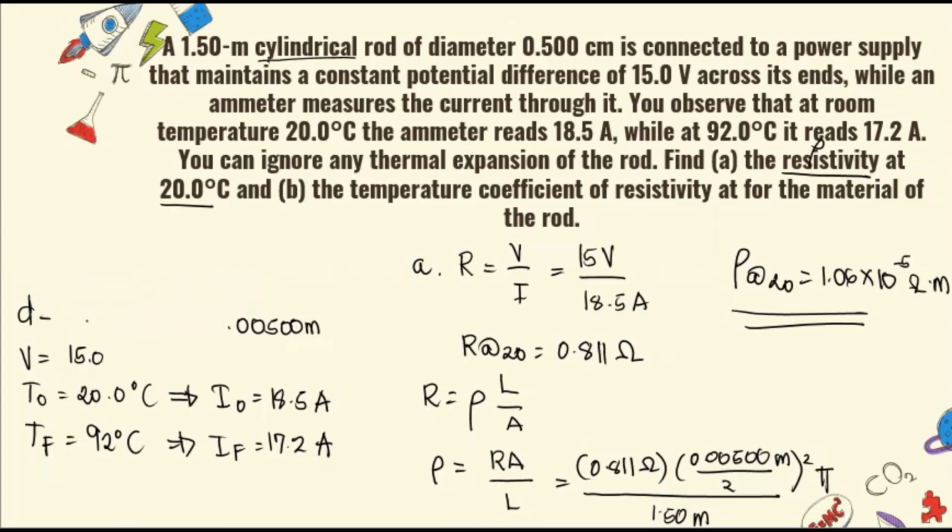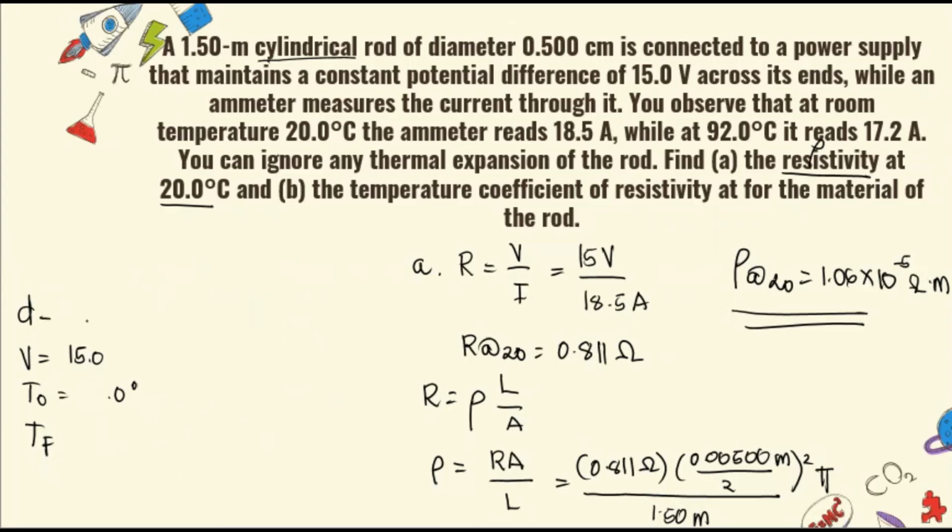Second po is, what is the temperature coefficient of resistivity for the material of the rod. Since hinahanap is temperature coefficient, iti-take into consideration natin yung pagbabago from 20 degrees Celsius to 92 degrees Celsius. Meron na tayong resistance at 20 degrees, it is equal to 0.811.